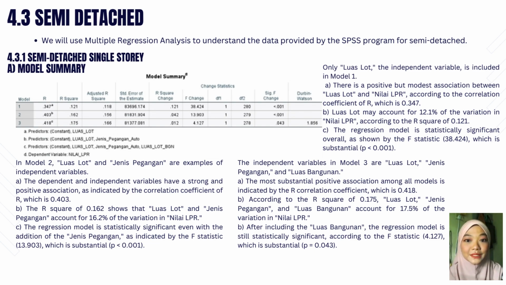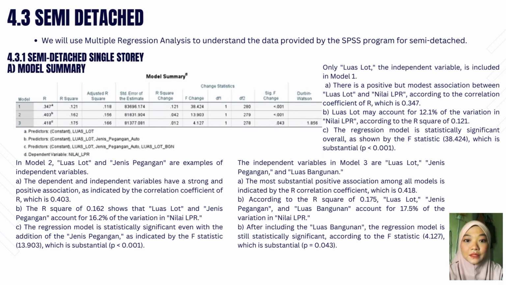We will use multiple regression analysis to understand the data provided by the SPSS program for semi-detached. The first one is the model summary for semi-detached single story. Only luas lot, the independent variable, is included in model 1. There is a positive but modest association between luas lot and nilai LPR according to the correlation coefficient R, which is 0.347.